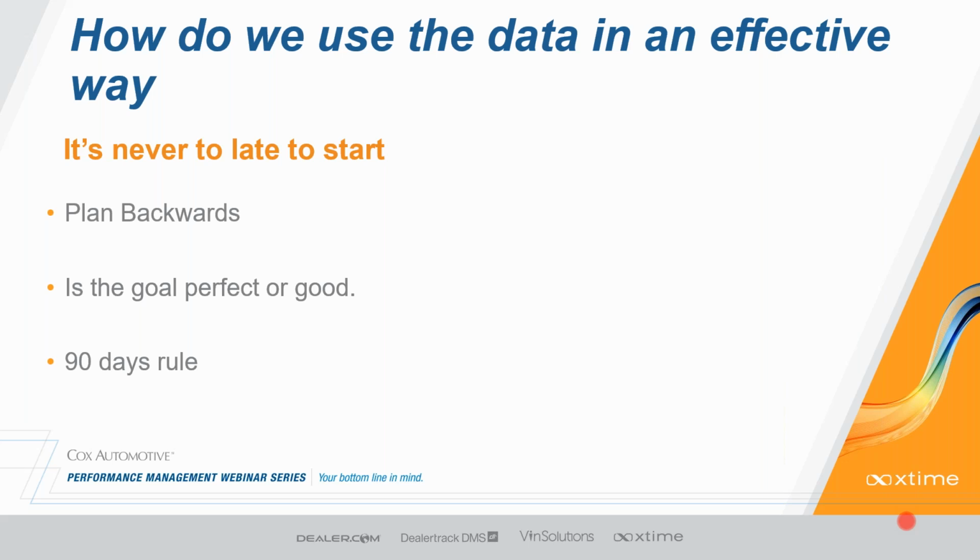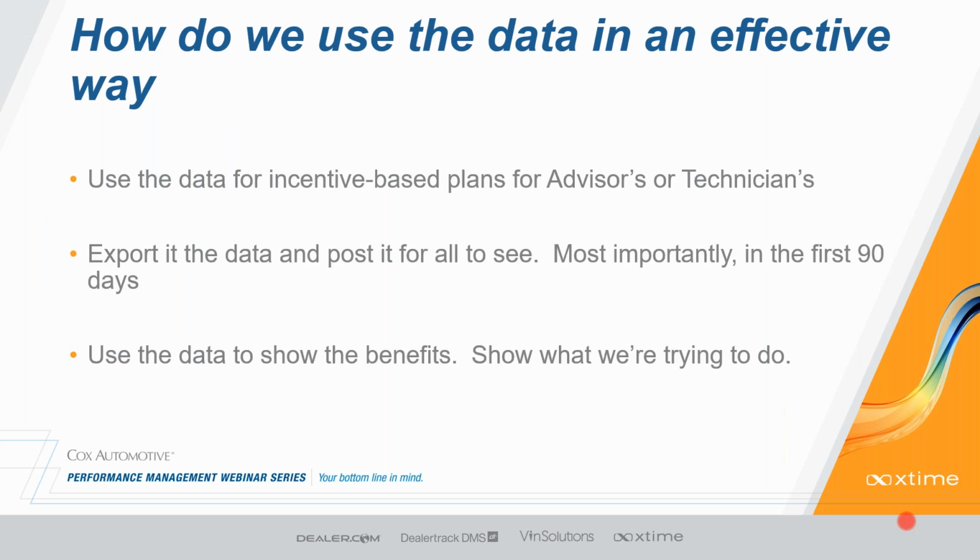I've got other things that I need to focus on. So maybe let's just rely on the alerts that get sent out, which don't get sent out as much as they did in the beginning. I think those are important too. And maybe then you want to look at the data mid-month and then at the end of the month. So there's a clear distinction between the first 90 days and after the 90 days.